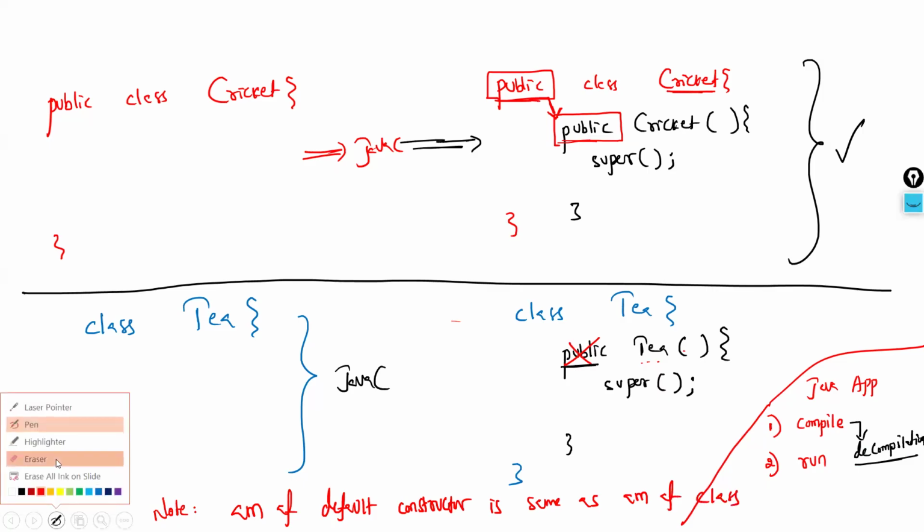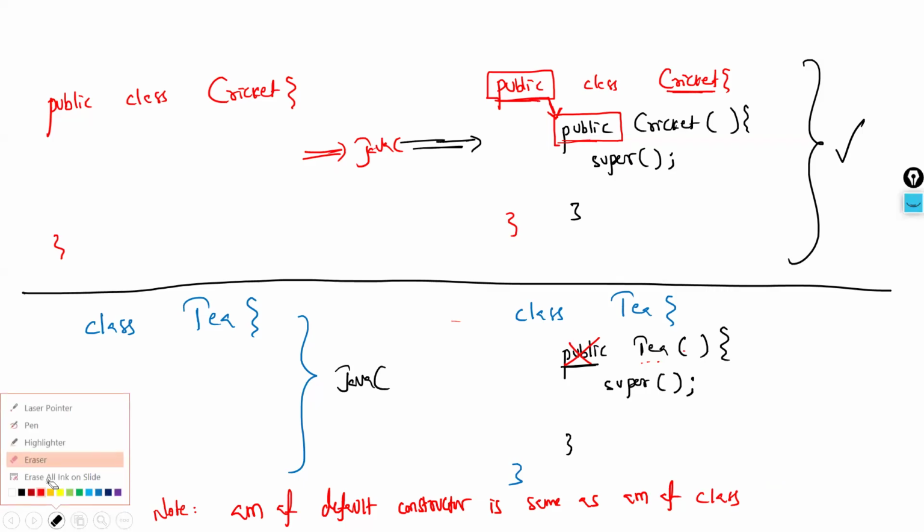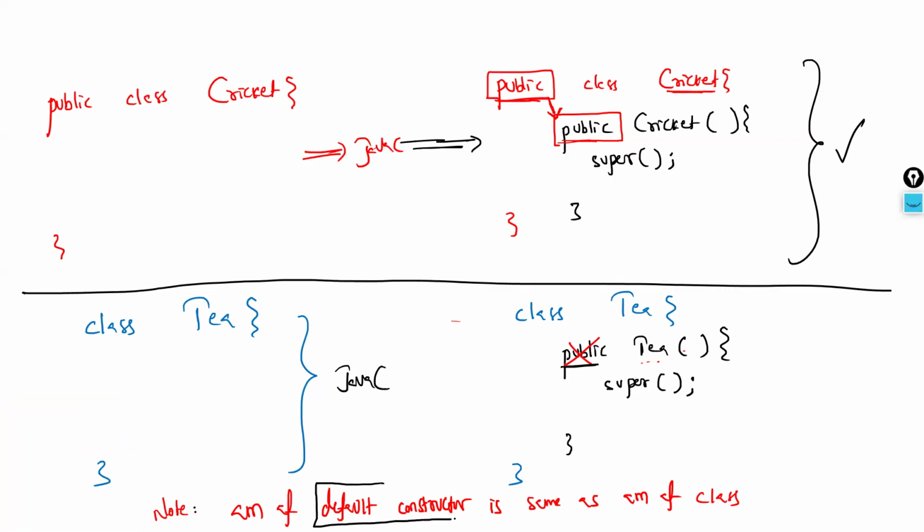This is the conclusion. That's why I have struck off this public, to remember the same point. Here it is default, but if it's not default, then it's wrong. And very clearly, this rule is only for the default constructor, not for a programmer-defined constructor. Understand the points carefully. Clear?